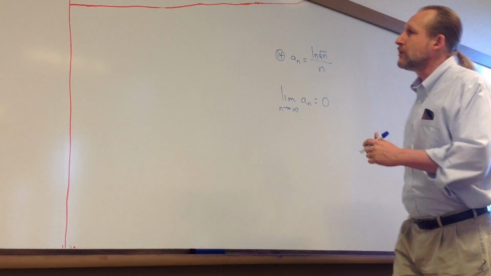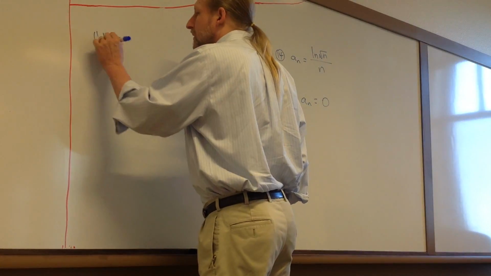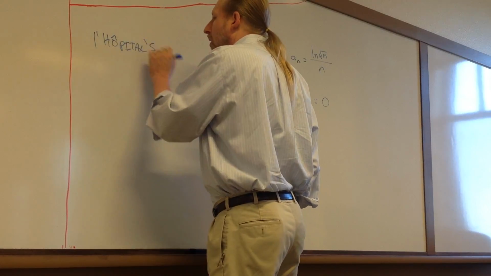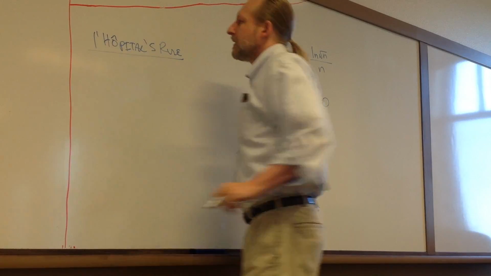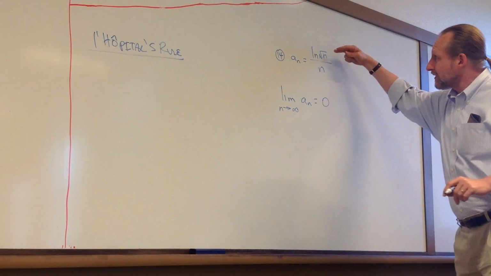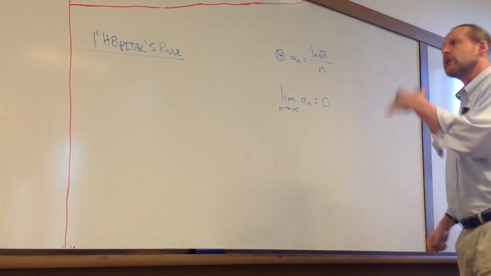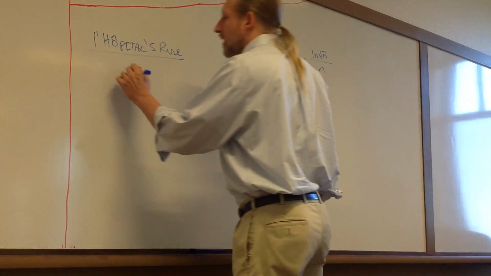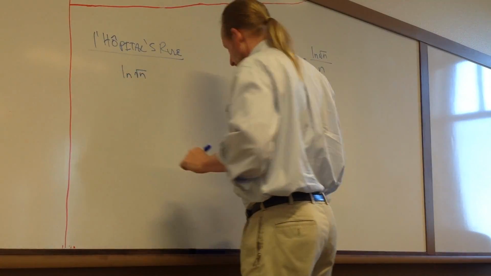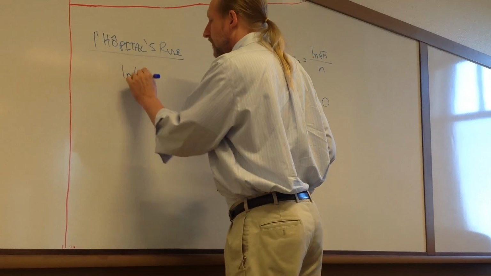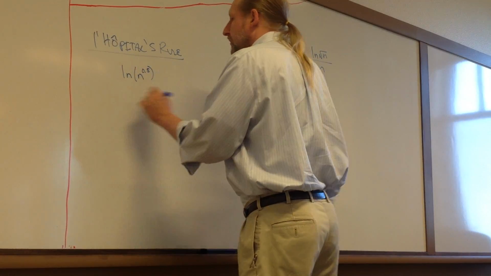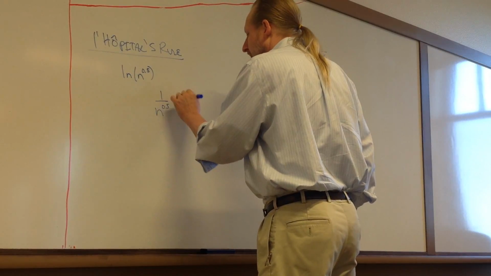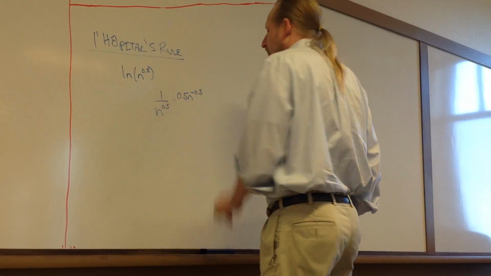Now the other thing you can do here is, if you remember, we talked a little bit about L'Hopital's rule at the end of last term, and so you can take the derivatives of the numerator and denominator and look at that limit and see what that is going to be, okay? So if we take the derivative, well, let's call this n to the 0.5. So the derivative here would be 1 over n to the 0.5 times 0.5 n to the minus 0.5.